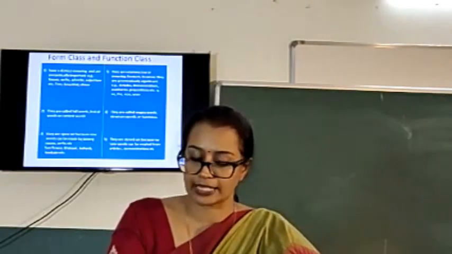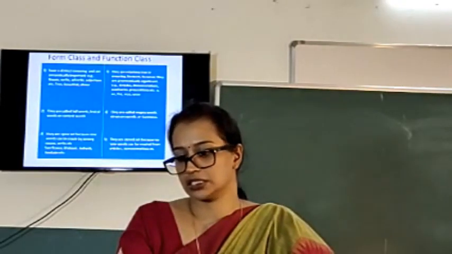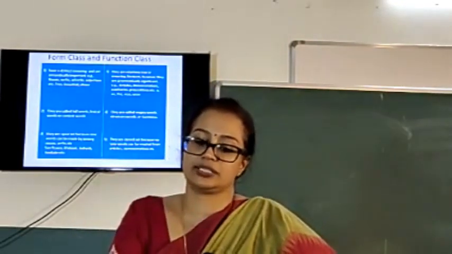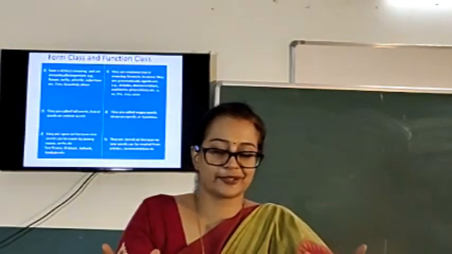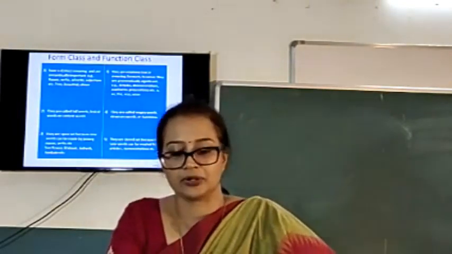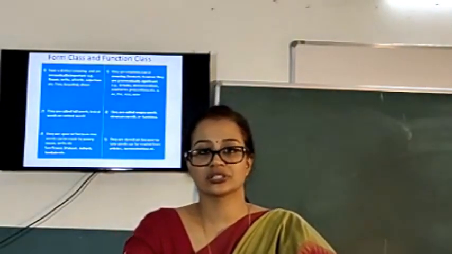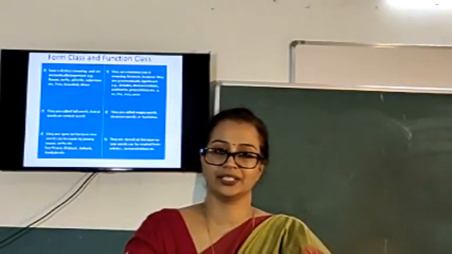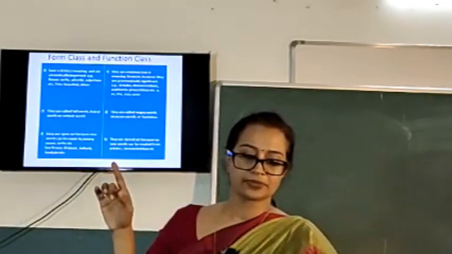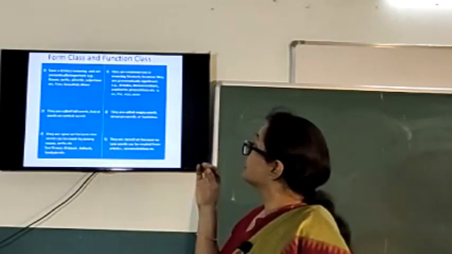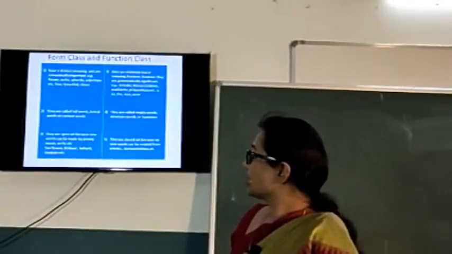They are also known as empty words, structure words, or functors, F-U-N-C-T-O-R-S. And who all comes under this group? Articles, demonstratives, prepositions, auxiliaries, conjunctions, etc. All right, so what is the first difference? The form class have a distinct meaning and are semantically important.